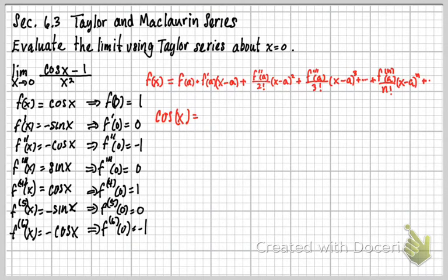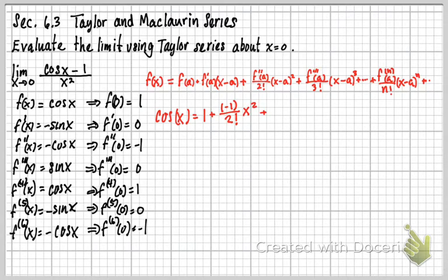So the cosine of x equals 1 minus, I'll just say plus negative 1 over 2 factorial x squared, since we're centered about 0.